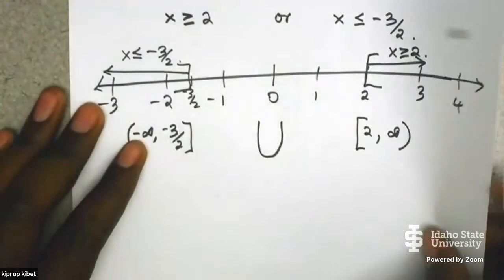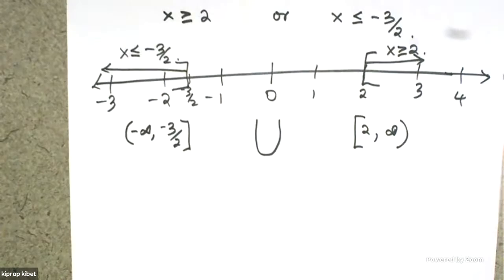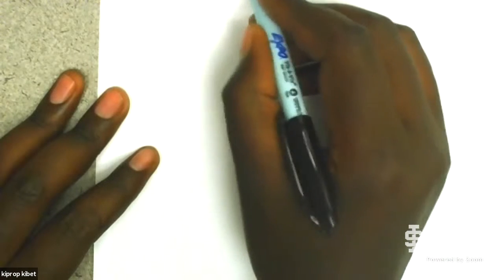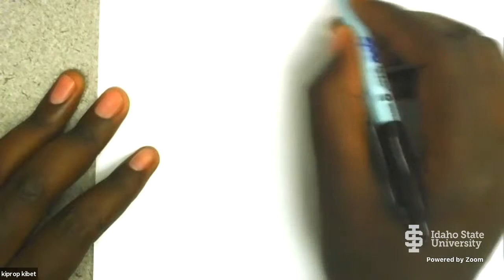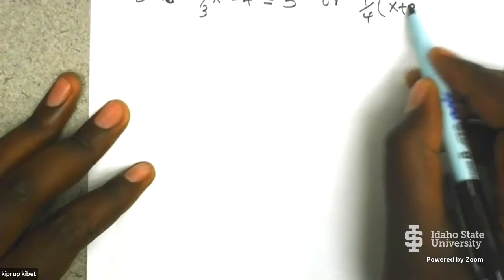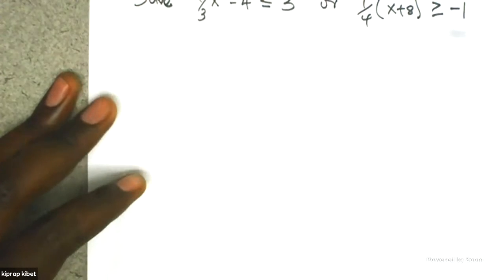Another example. Solve 2 over 3x minus 4 less or equals to 3, or 1 over 4x plus 8 greater or equals to minus 1.